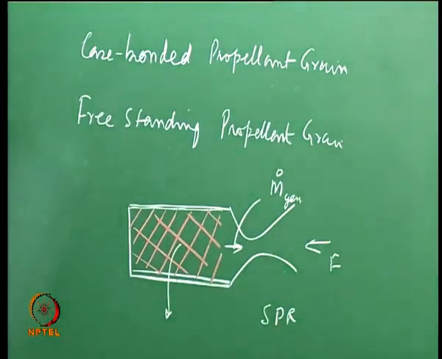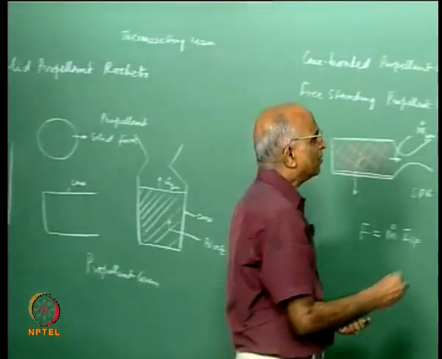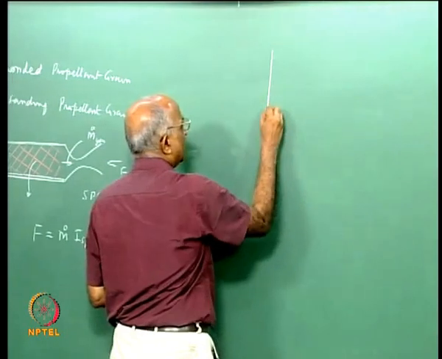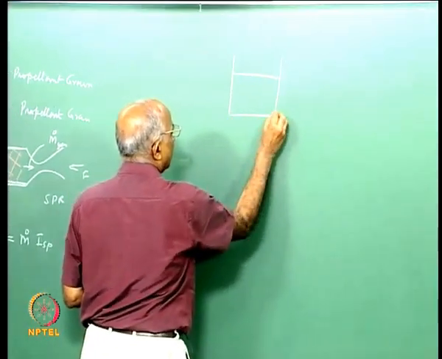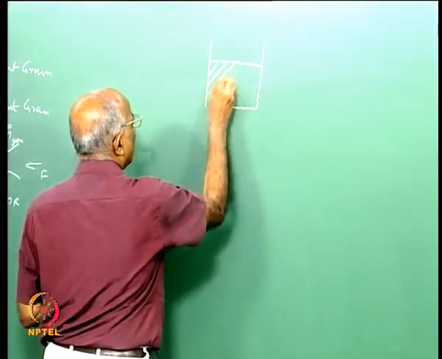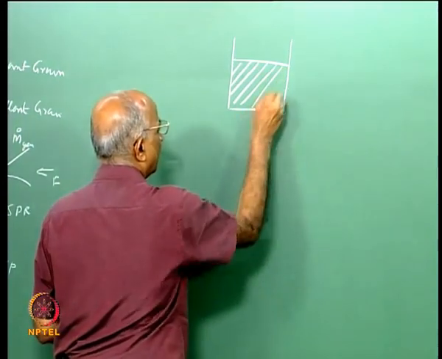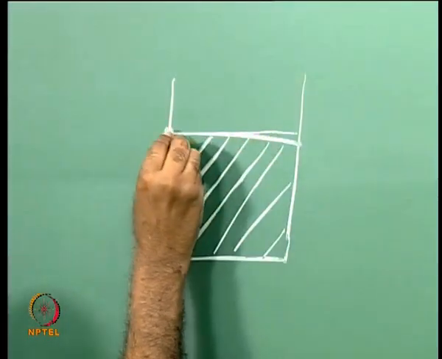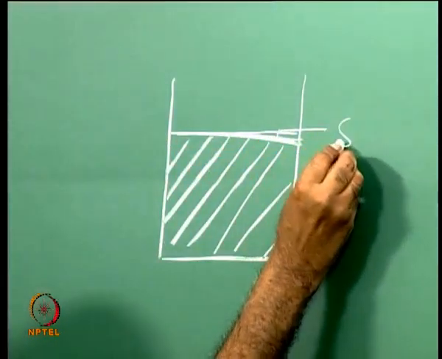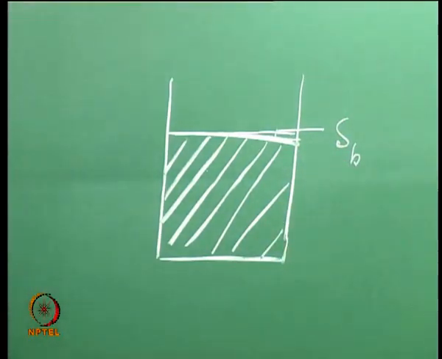Now let us get back and ask ourselves, if I have a case over here, I put the propellant block inside it, and let us say I have no nozzle at all. I want to generate hot gases, and this is the surface area of my propellant, I call it the burning surface area, S_B.